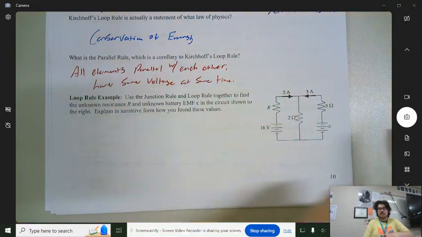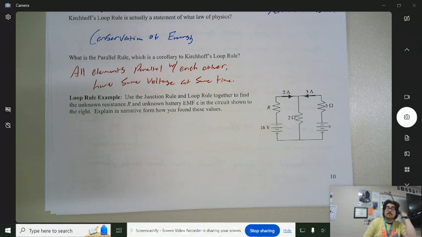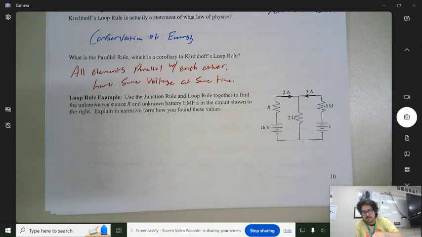So if you have two resistors in parallel with each other, they should have the same voltage at the same time.